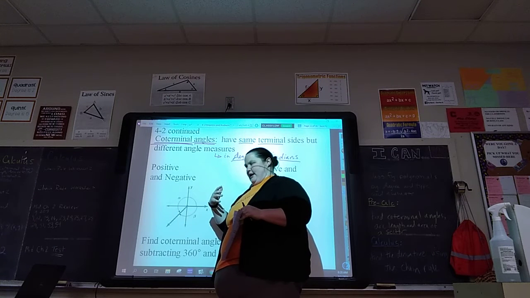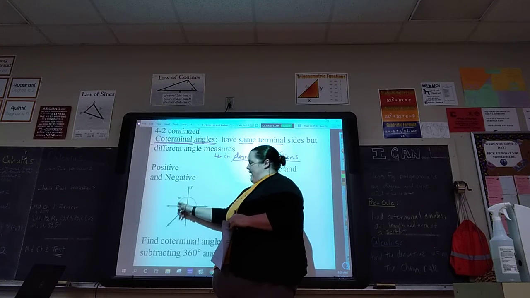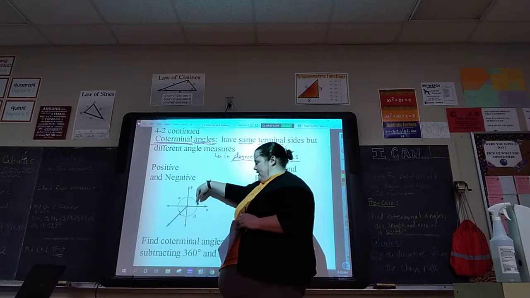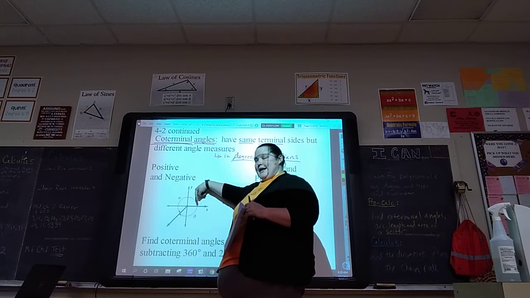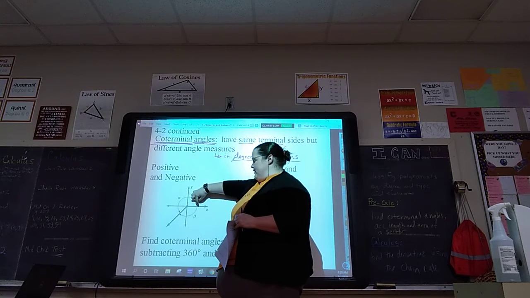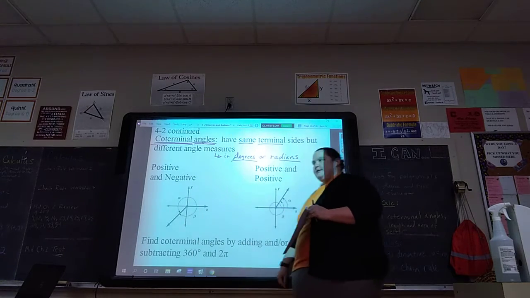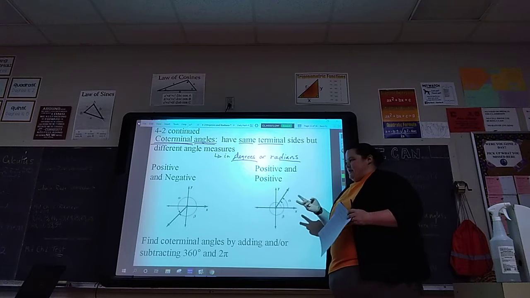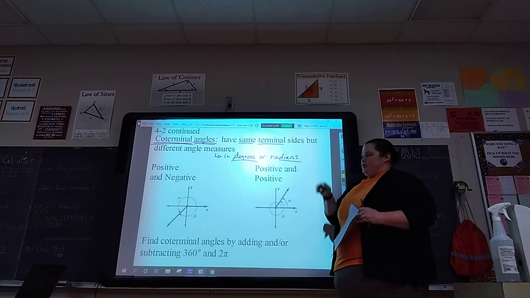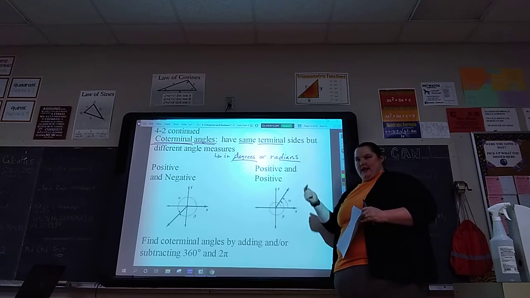Or I could give you the representation of a negative angle. The way we get negative angles is starting from the initial side and rotating clockwise instead of counterclockwise. Okay, so those would be 2 representations of that same angle. Again, one's a positive rotation and one's a negative rotation.